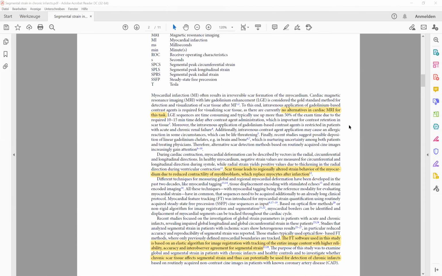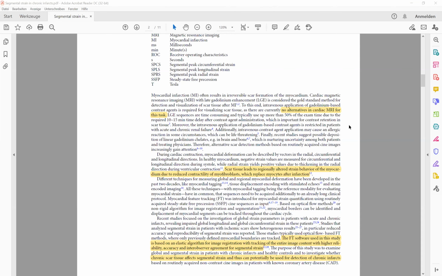So it's based on cine images, without contrast agent. We used a myocardial feature tracking software that works quite nicely on a segmental basis, because that's a big problem. Not all software is reliable and has good inter-observer agreement in segmental strain. That has been reported for about a decade.